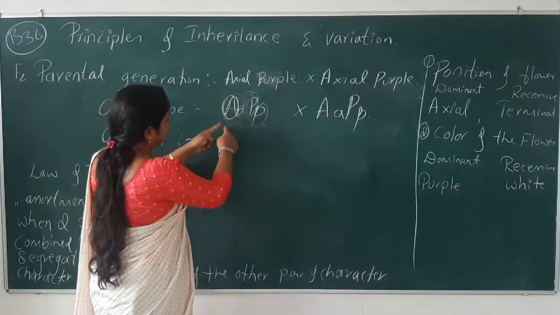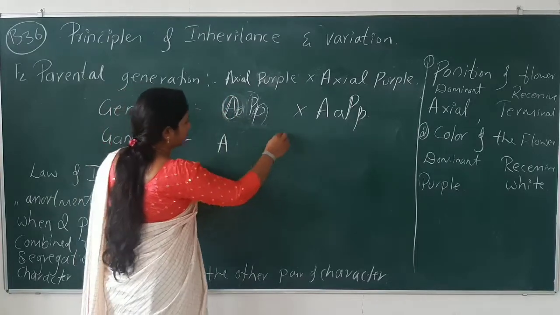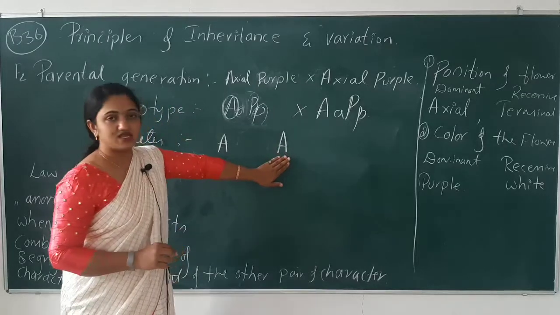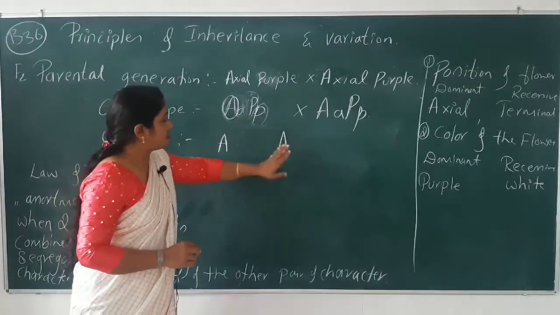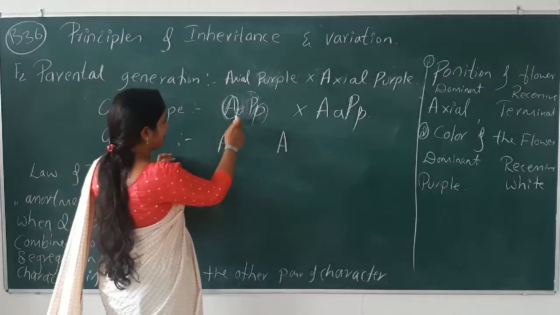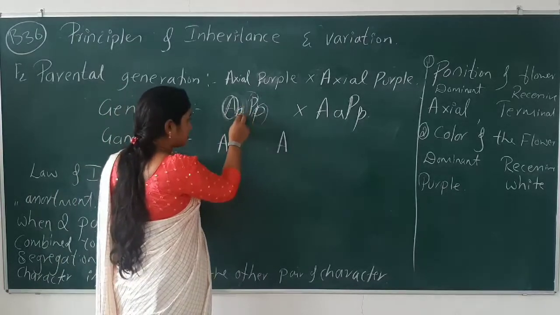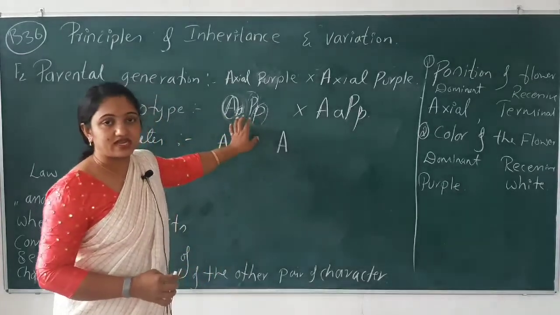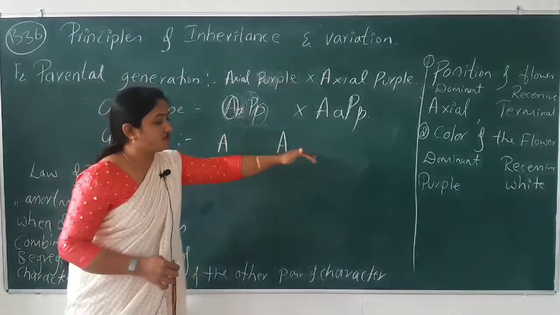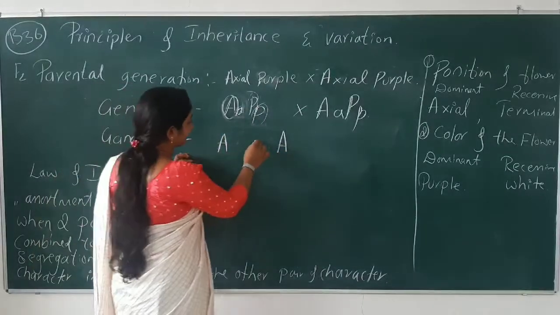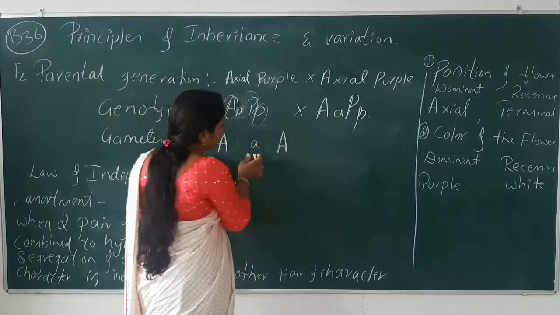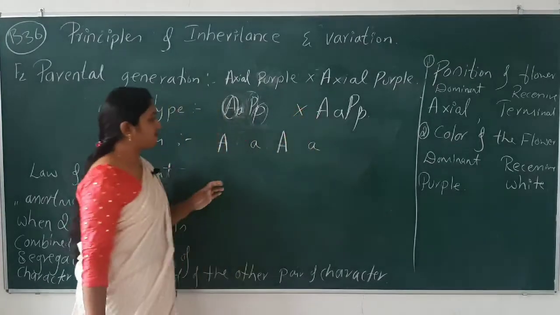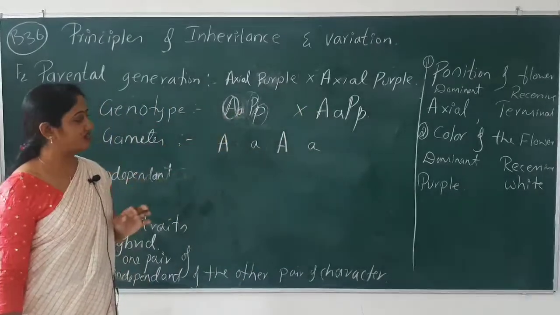See, capital A came here, a few more gametes take the capital A, in the sense, a few more gametes take the dominant gene, and here also this recessive gene gets segregated at the time of gamete formation. How will it get segregated? Like this, few of the gametes take the recessive gene, few of the gametes take this recessive gene.